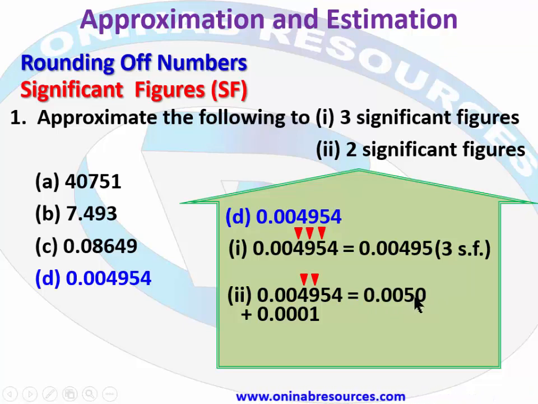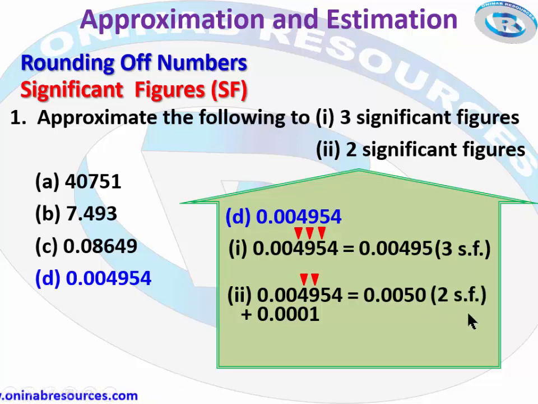So this 0 after 5 is going to count as a significant figure. We cannot take the 0 before it. So that is it, the solution of problem 1D and the entire problem 1. And this is the highest we can take under significant figures.